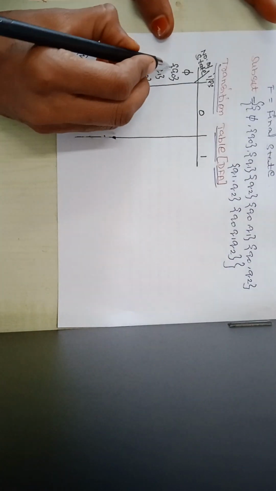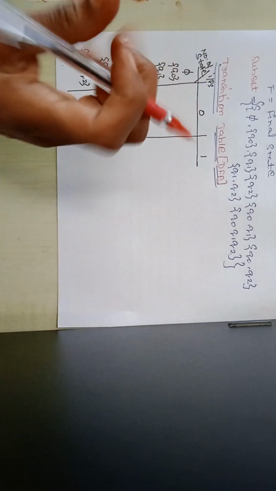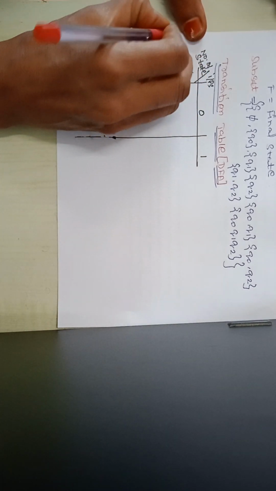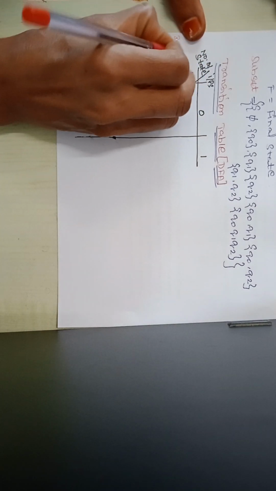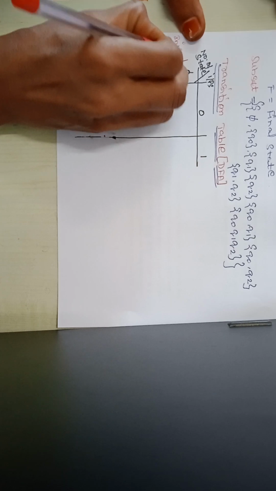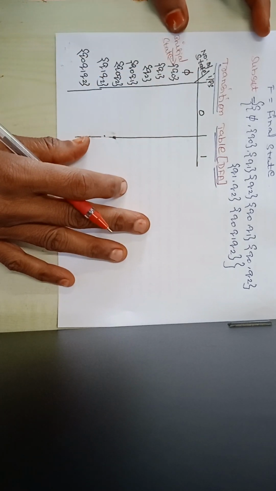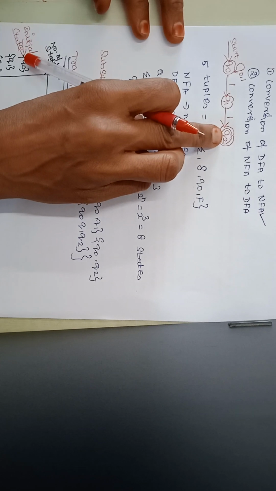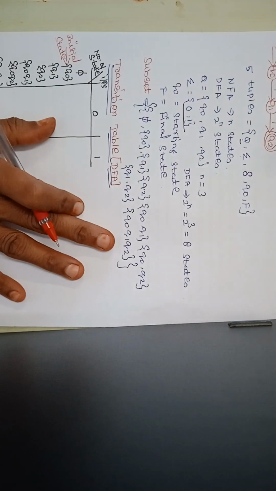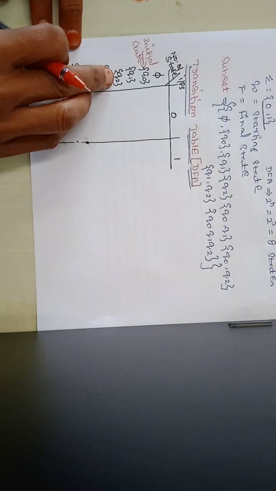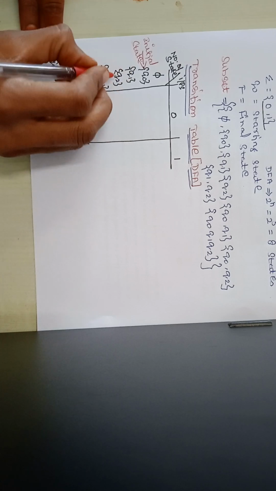Here Q0 is the starting state, that is the initial state. In this diagram Q2 is the final state, so we identify the Q2 state.